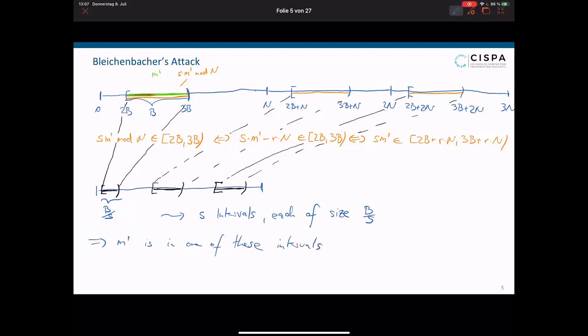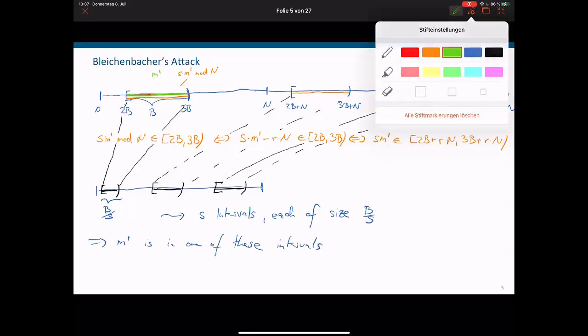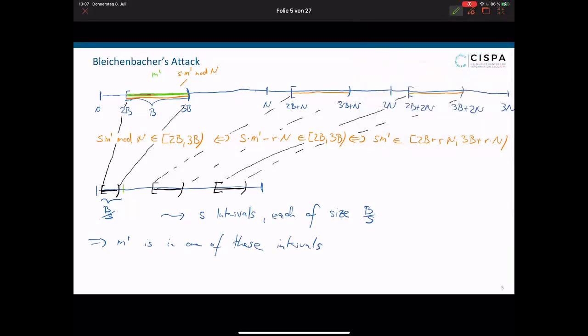But we knew from before, let's go back to that green interval, that m prime, because C is also a valid ciphertext, is also in this interval, right? So m prime is in the green thing, but m prime is also in one of the black things, right?